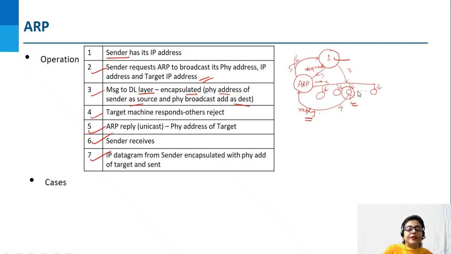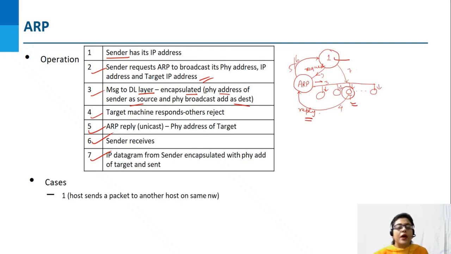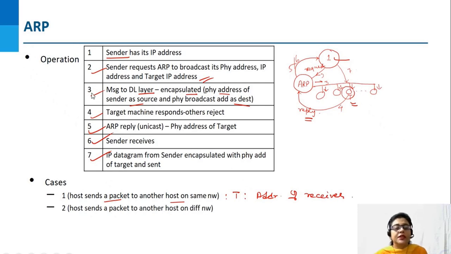Now there can be several cases. Case 1, a host wants to send a packet to another host on the same network. In this case, the target address will be the address of the receiver. Number 2, the host sends a packet to another host on a different network. Then the target will be the address of the router.